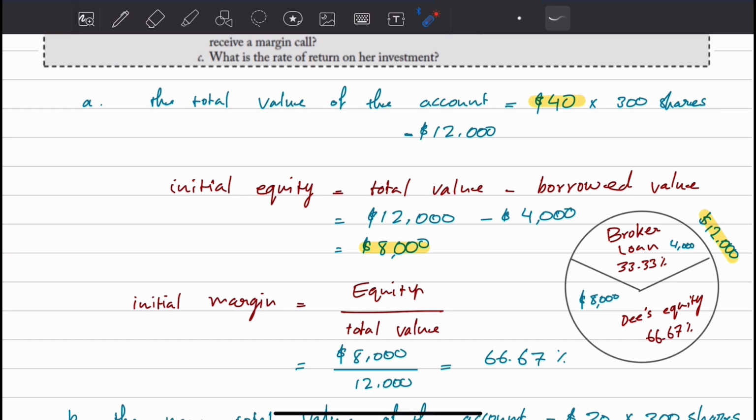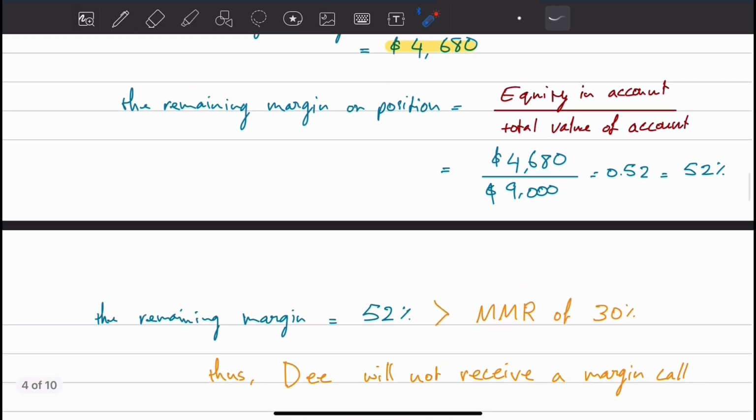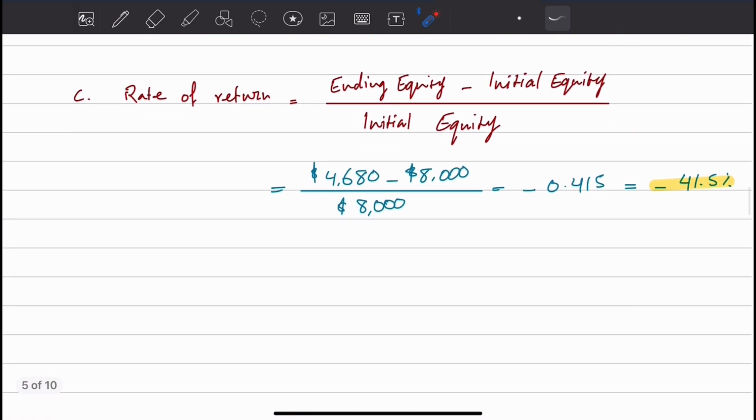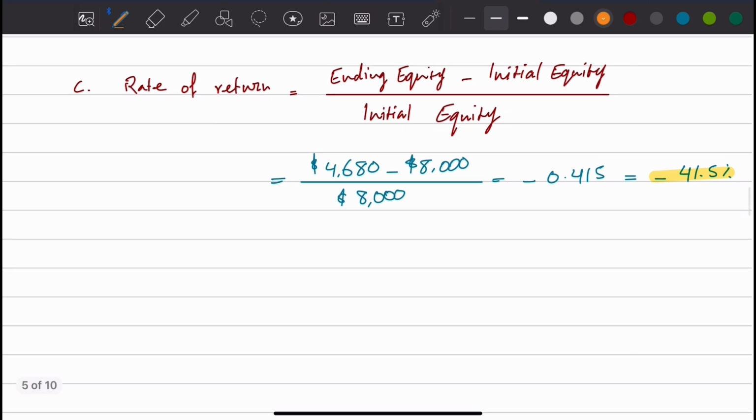Okay, so if we neglect this part, we assume they did not borrow any funds, right? How do I calculate this? Again, I'll use the same formula, but this time the amounts will be different. Okay, so I'll write this in yellow because this is extra. Remember, this is not required in the question. So rate of return with no leverage, so no borrowing.